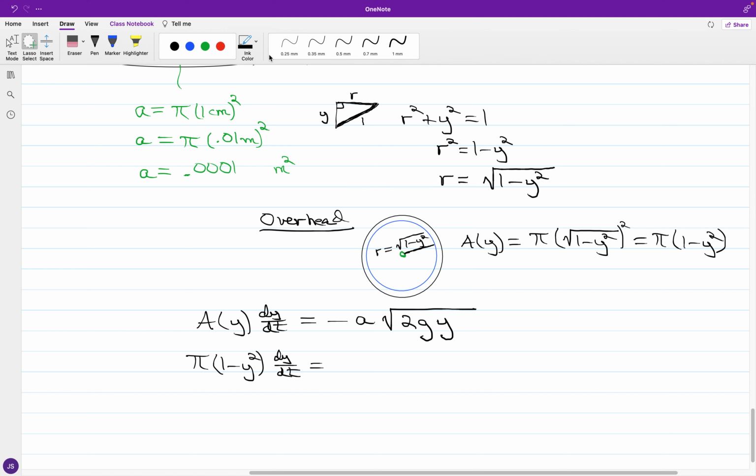Before I get too far ahead, we have the area of the hole: 0.0001 square meters, and don't forget the pi. So you've got negative 0.0001 pi.